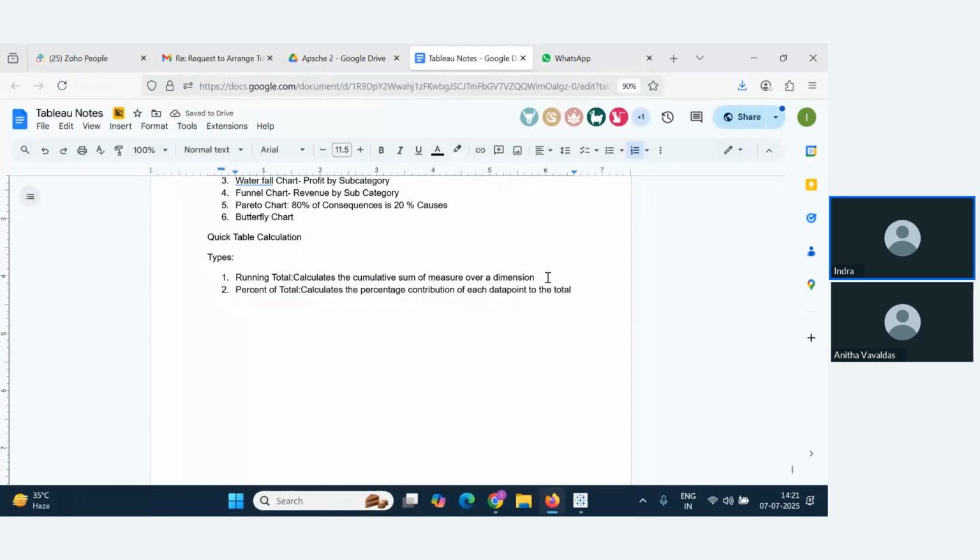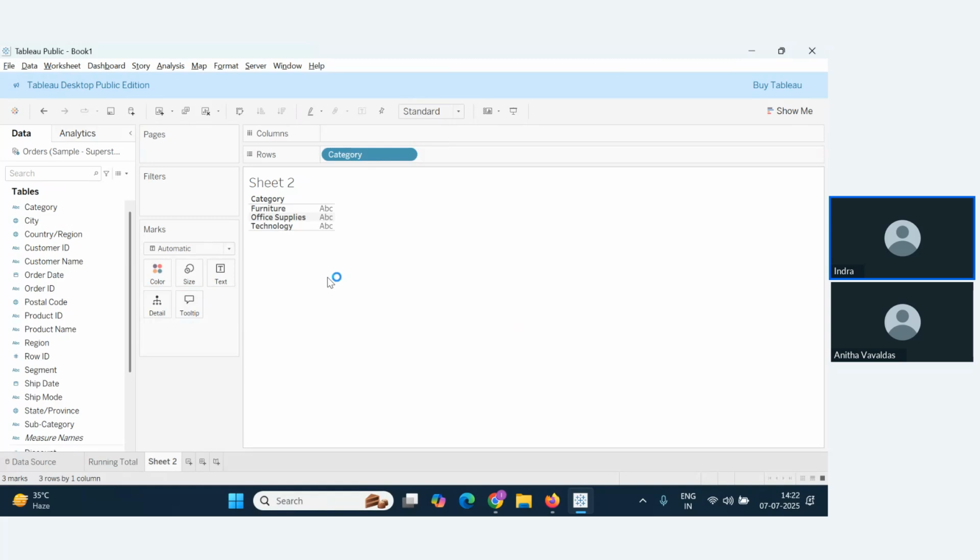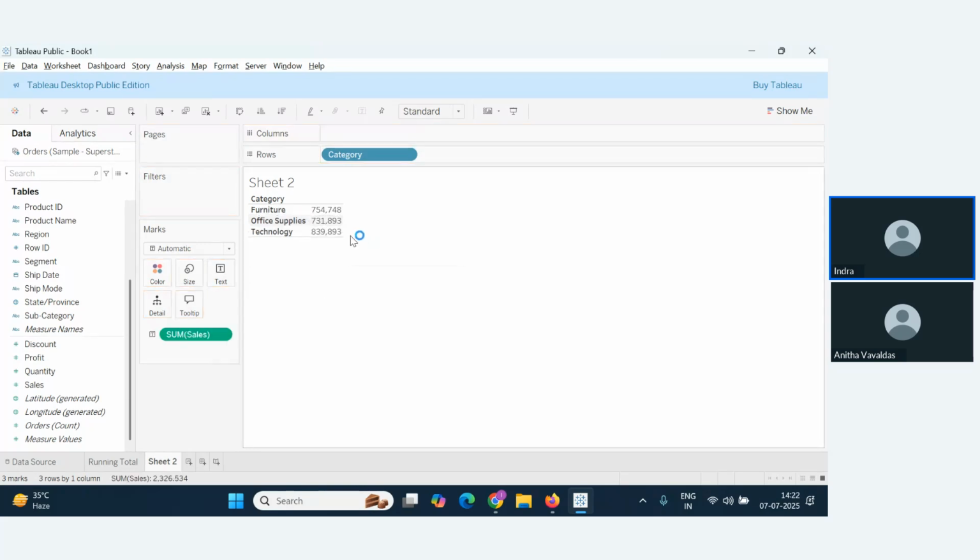Let's see one small example of percentage of total also. So I have category. These are my categories. Then I have sales. This is my sales value.